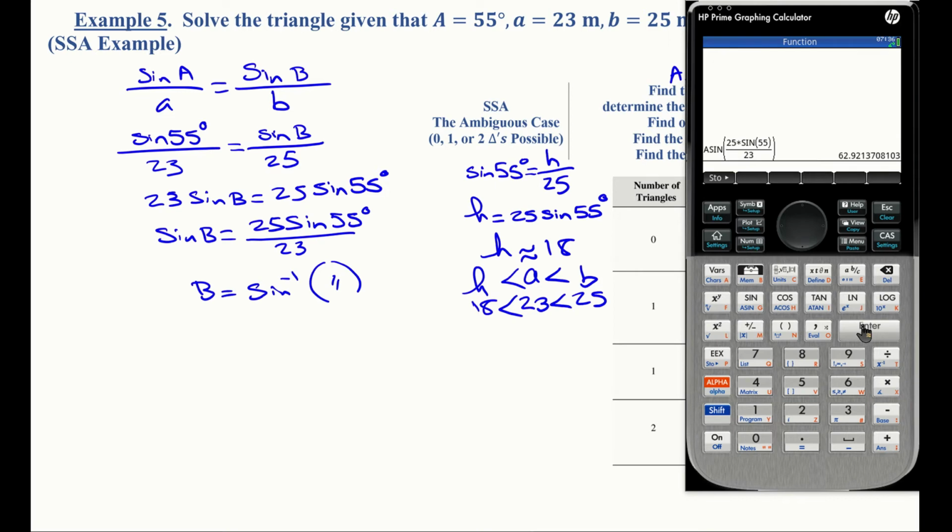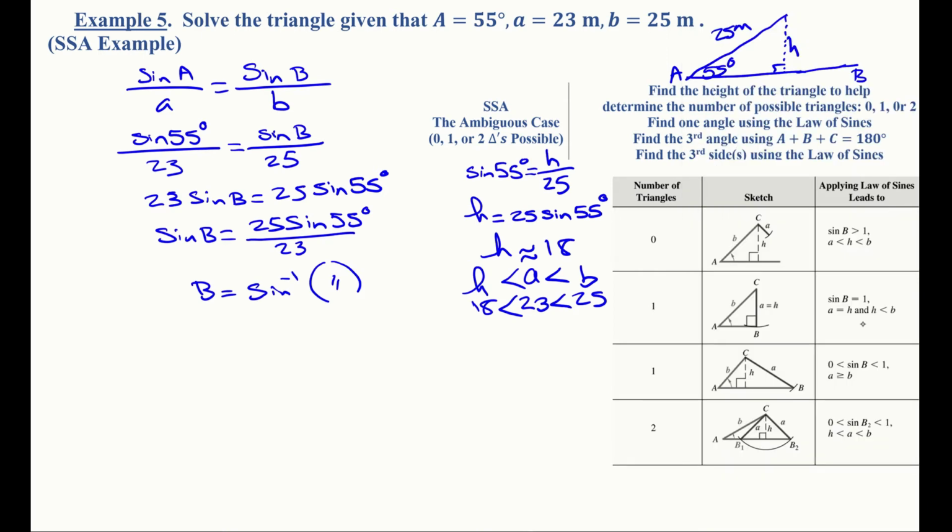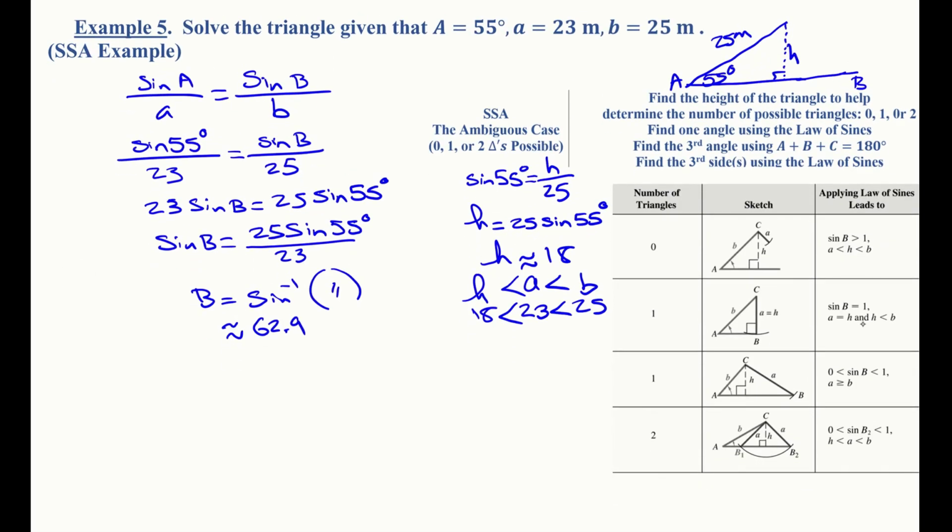So approximately 62.9. But remember, supplementary angles have the same sine values, so we're going to say or B is approximately 180 degrees minus 62.9 degrees.